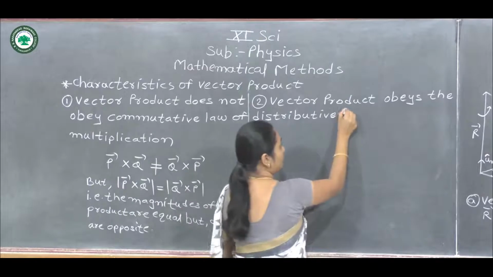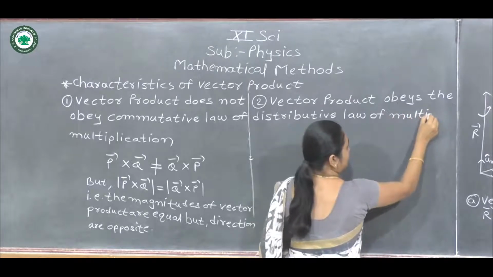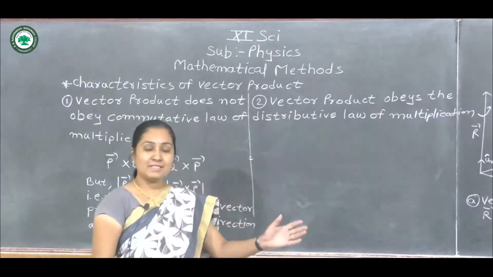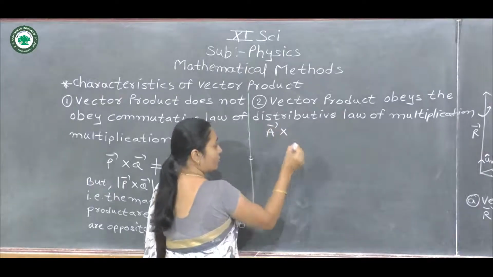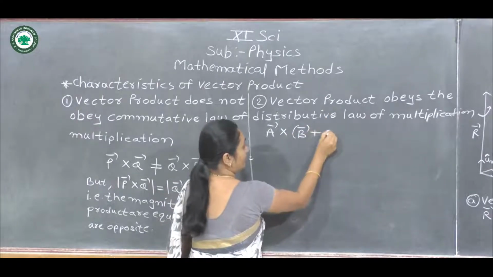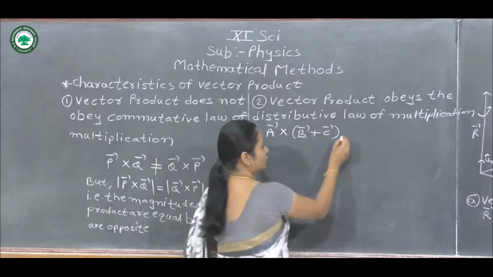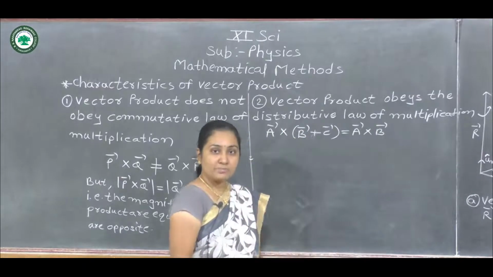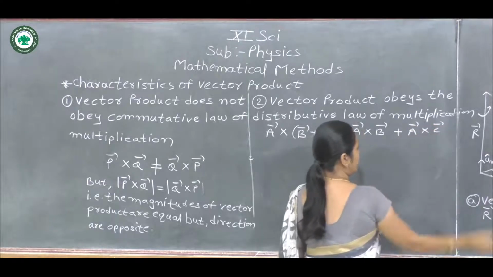So in this characteristic, what we can say here, A bar cross (B bar plus C bar) is equal to A bar cross B bar plus A bar cross C bar.